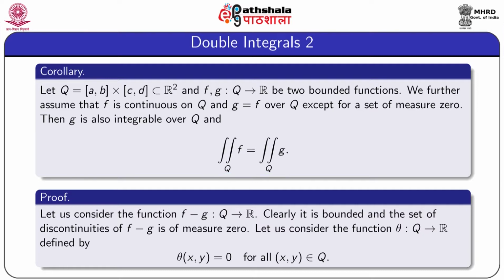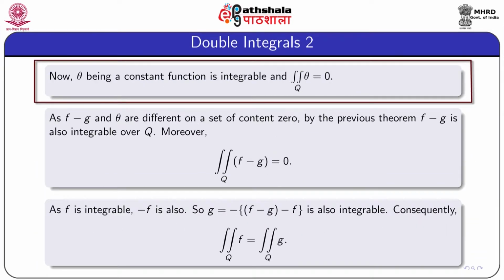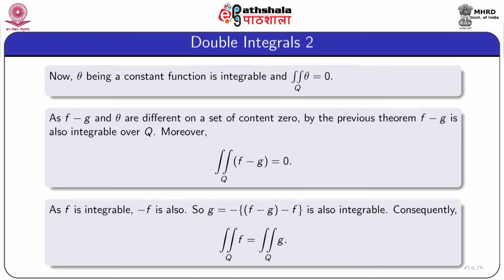We give the proof. Let us consider the function f − g from Q to R. Clearly, it is bounded and the set of discontinuities of f − g is a set of measure 0. Let us consider the function θ from Q to R defined by θ(x,y) = 0 for every (x,y) in Q. Now, θ being a constant function is integrable and the integral of θ is 0.